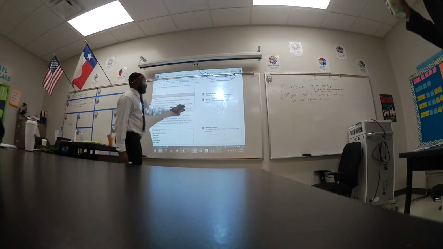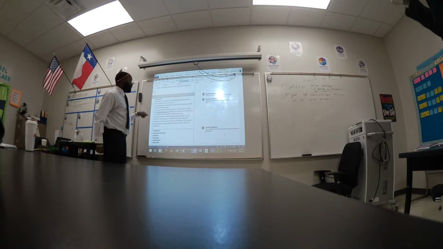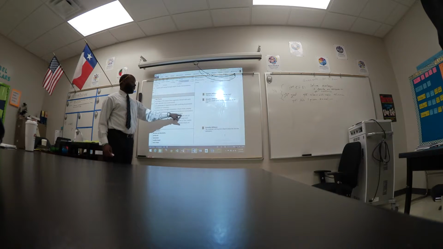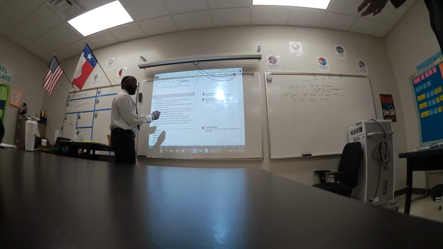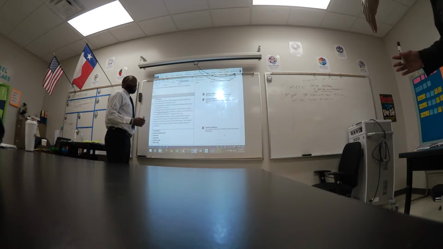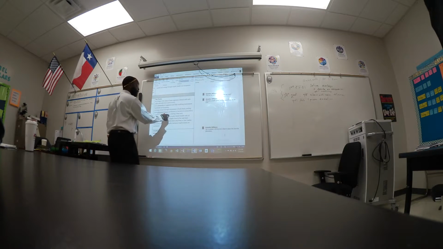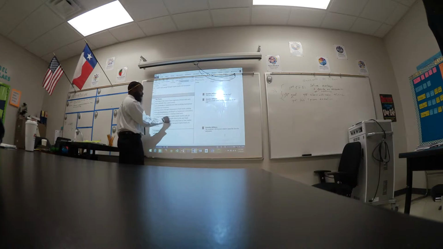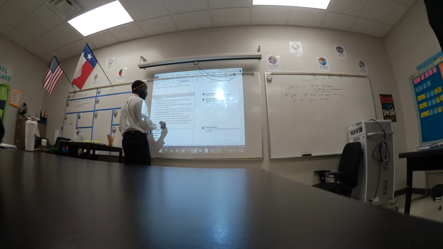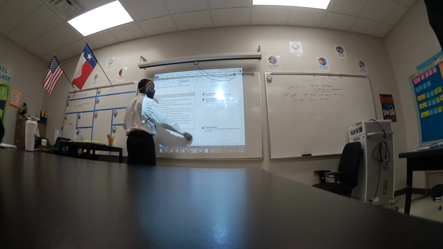After I draw this as an example, I do a CFU, then I roll into the activity of creating a food web, which they do by themselves. This is individual because it's something they can work on by themselves. Then I'll make sure they're hitting all the points.